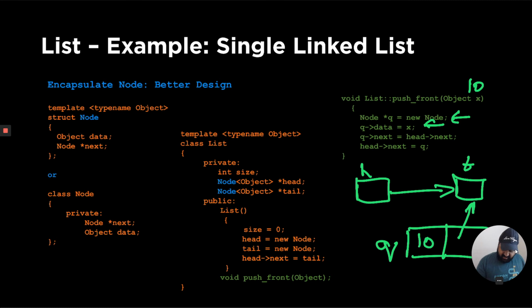And then head's next is equal to q, which is now pointing to q. So basically, we added an element in the front. Similarly, if we do it again, let's say we create a new object with value 20 and try to add that, we follow the same approach and it adds the value 20 in the front.